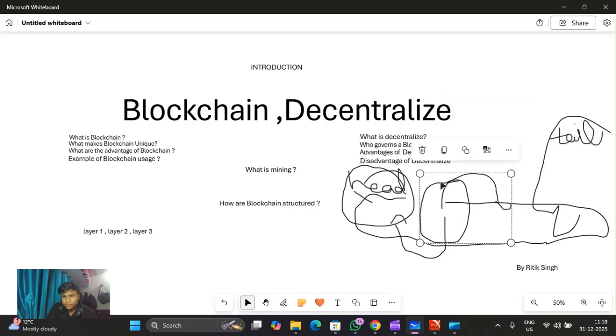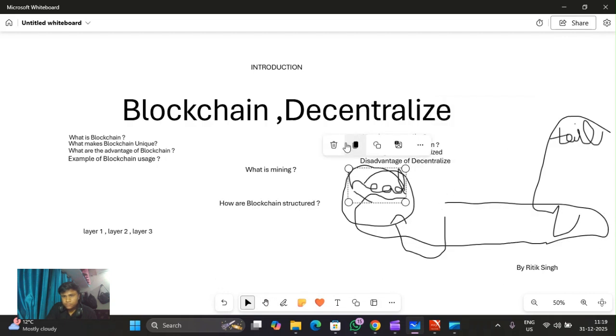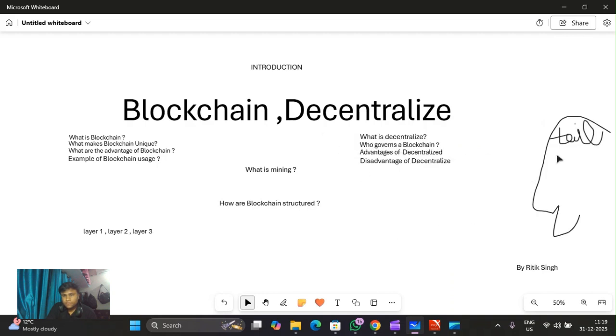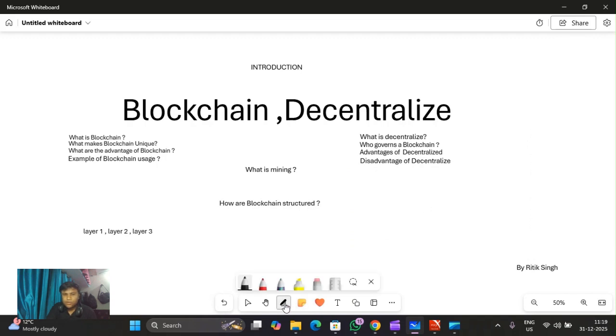Okay, okay. So we'll see this. We see this. So this is our block, and all block are connected. So that mean that formed a chain that's called a blockchain.